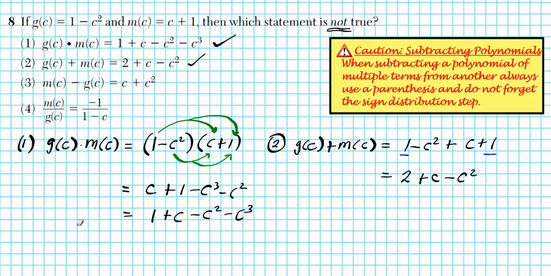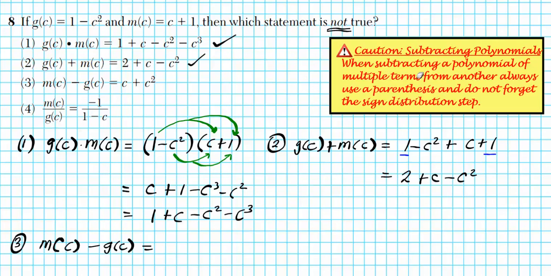Let's move on to option 3. For option 3, we are looking at a difference. So for 3, we have, actually switched it around now, m of c minus g of c, okay? So you gotta be careful, make sure that you're following the exact instructions here. If you notice the first two, g of c was first, and then here they switched it around, so you gotta be careful.